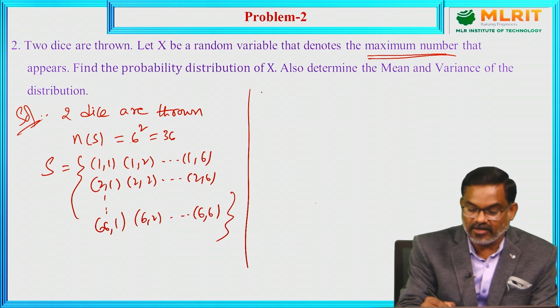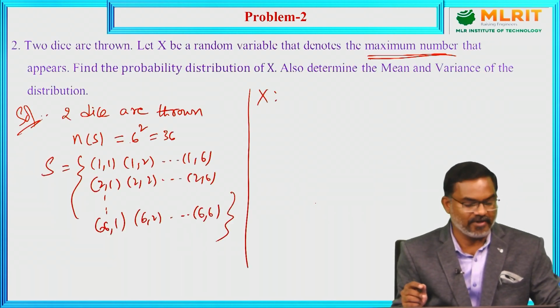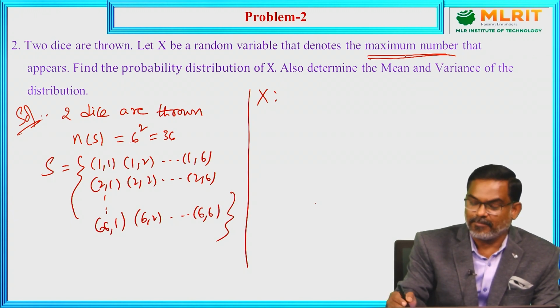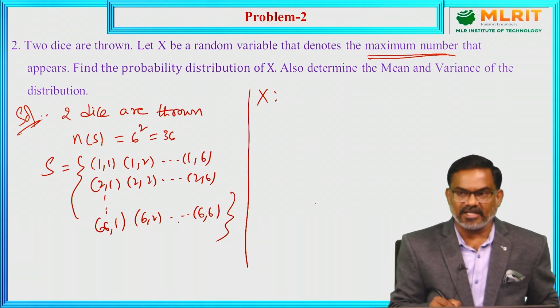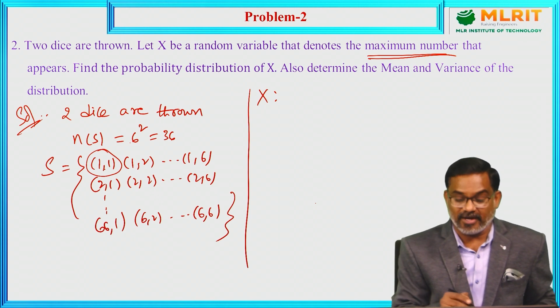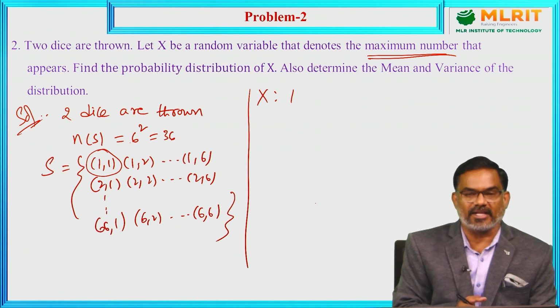Now, in the problem itself the random variable capital X is clearly defined as the maximum number that appears. Out of these 36 cases, if you consider the first case (1,1), 1 can be the maximum as there is no other number greater than 1.